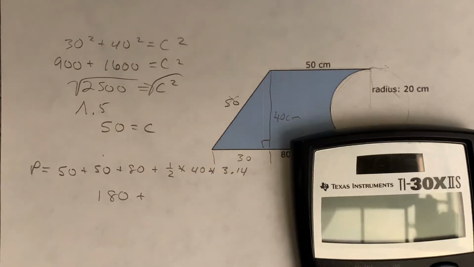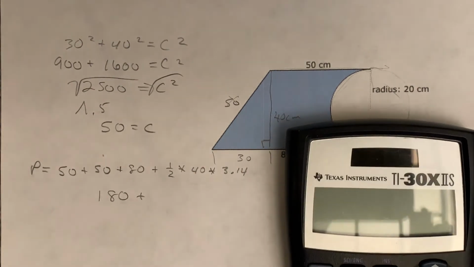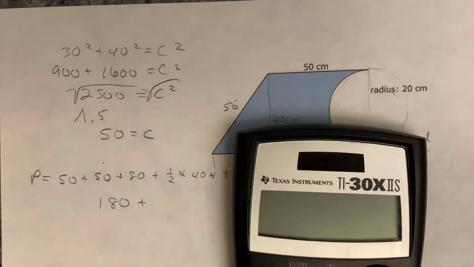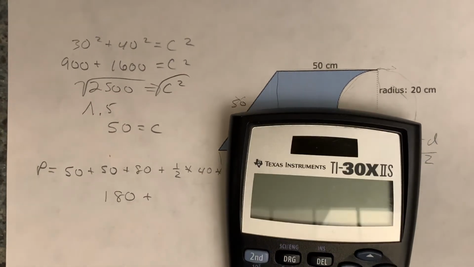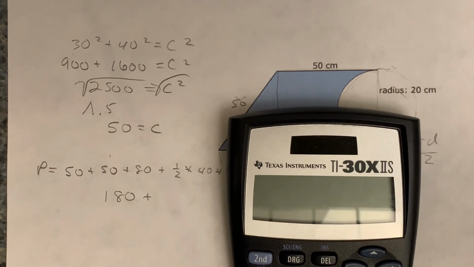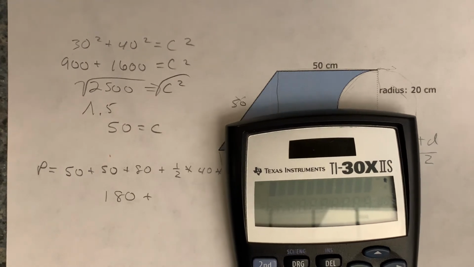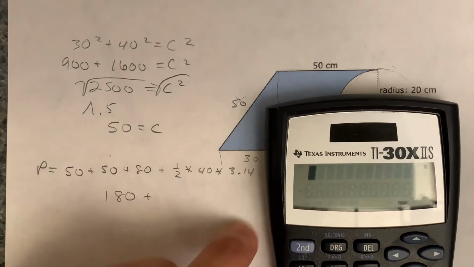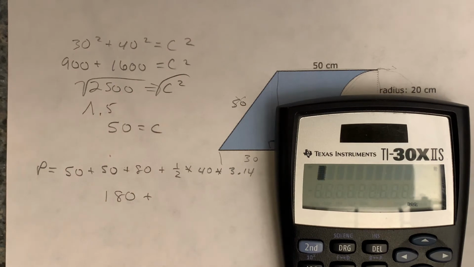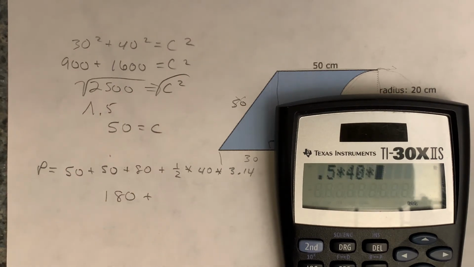And now we're going to use a calculator for the other part. Again, a little bit tricky on the reflections there. So we got 1/2 times 40 times 3.14. So 0.5 is my 1/2 times 40 times 3.14.